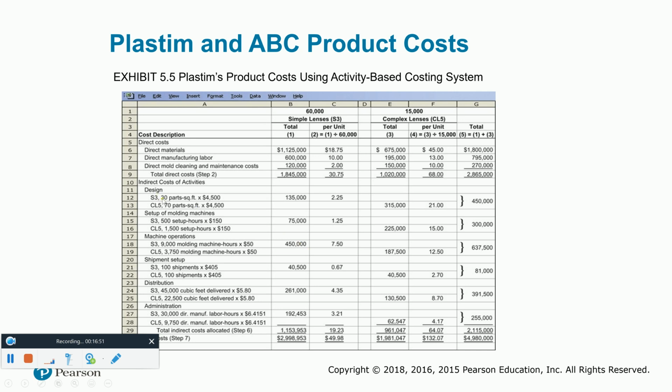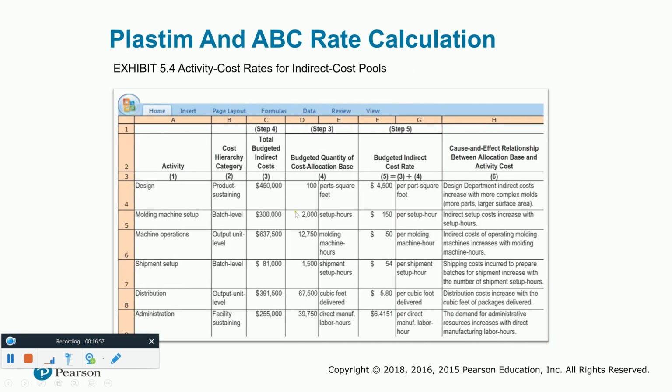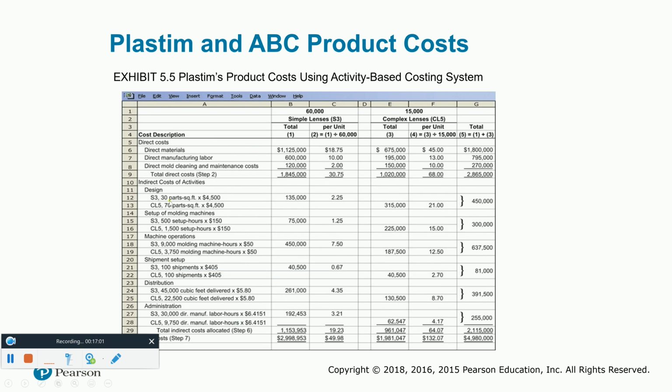So, for instance, design. We had 30 parts square foot times, if you remember from the previous slide, we used $4,500 per square foot. So if you take 30 times 4,500, we will allocate 135,000 to the simple lenses. Now the complex lenses, it was 70 parts square foot times $4,500.